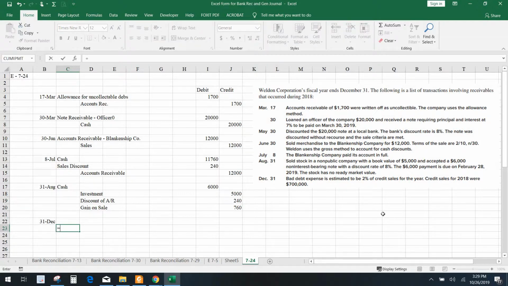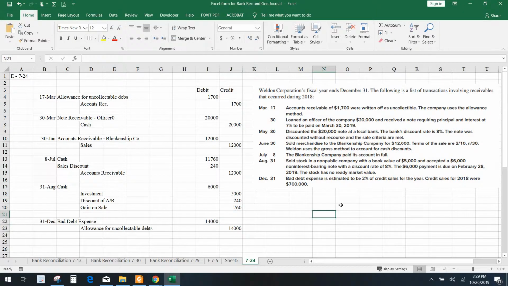So you simply take the bad debt expense, that equals 700,000 multiplied by 0.02, and then allowance for uncollectible debts, 14,000.